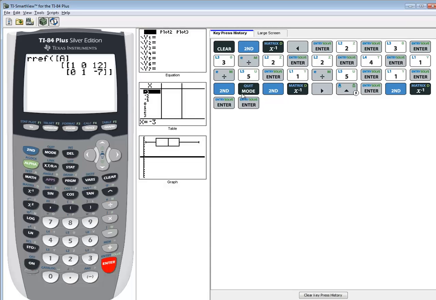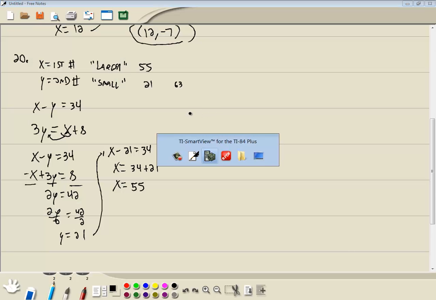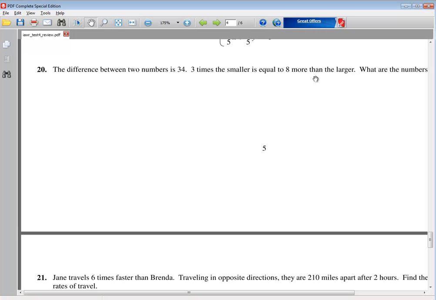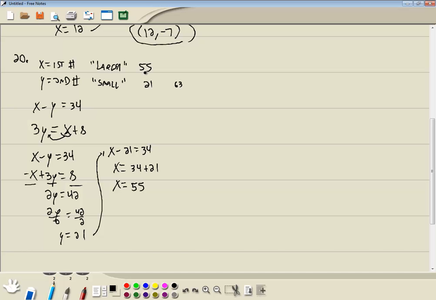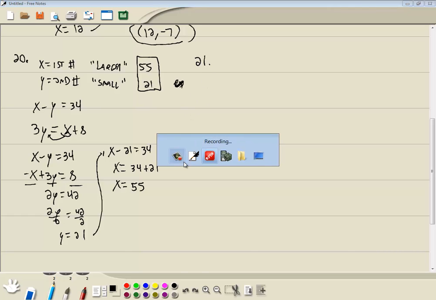Is that 8 more than the larger? 55 plus 8 would be 63. Okay, so it checks. So those would be our two numbers, 55 and 21.